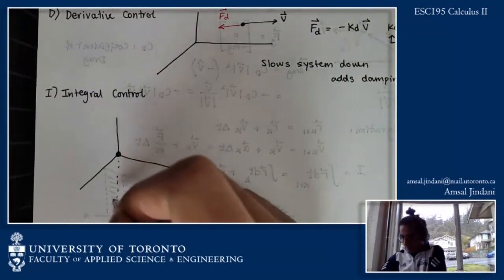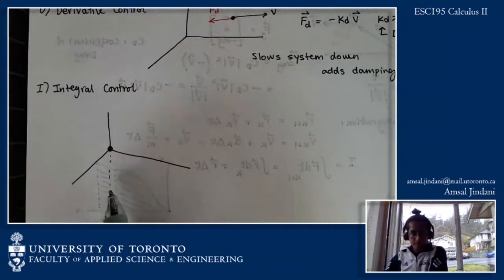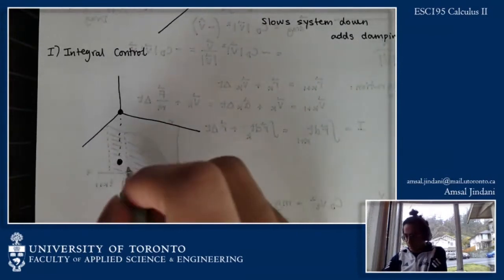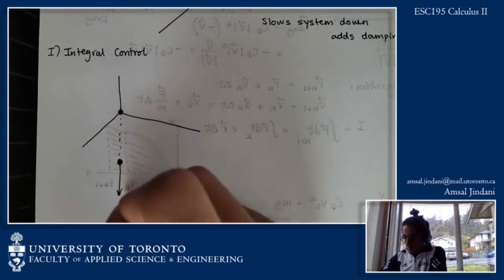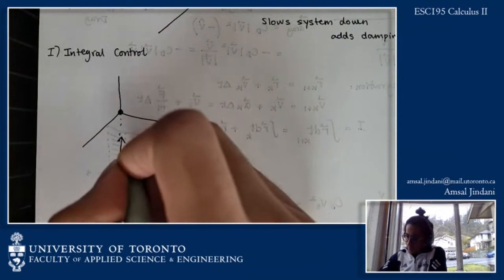So gravity pulls it down to over here, where there is some proportional force upwards. And this becomes the equilibrium point of the system. There's gravitational force pulling it down, and the proportional force is holding it up.